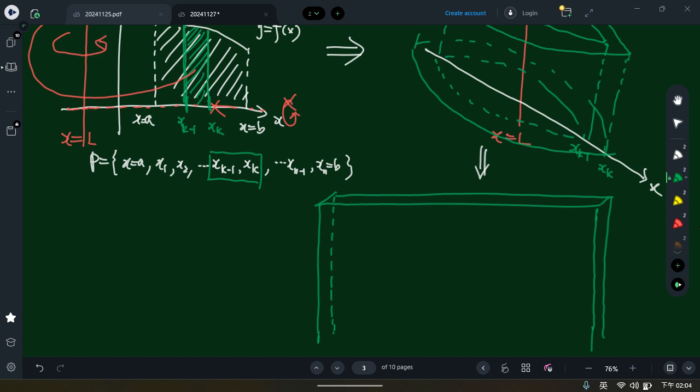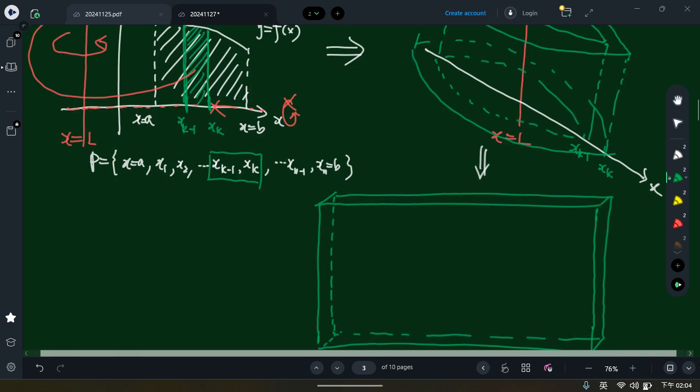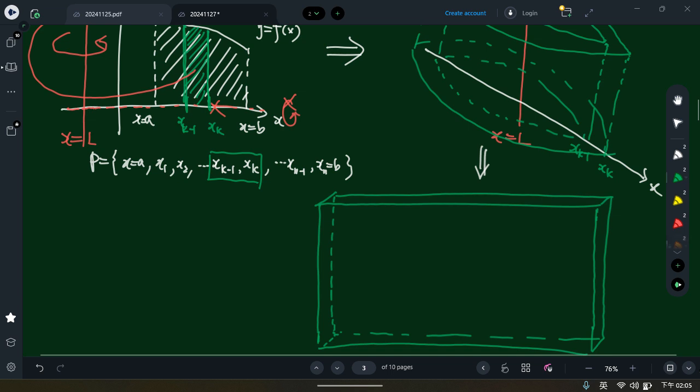If we use scissors to cut the shell and flatten it, it becomes almost the same as a box. So we need to know what this is, and also what this is, if we want to get the volume.